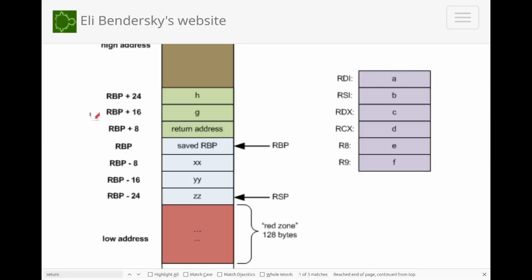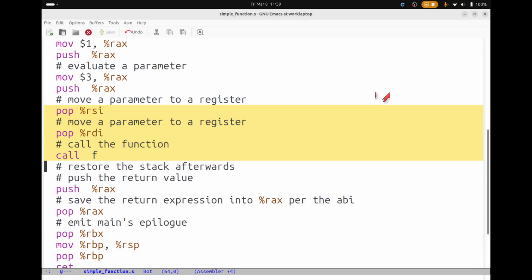Recall here that RDI is the first parameter, RSI is the second parameter. And for reasons that'll become clear when we actually compile expressions, RDI and RSI are being set here inside of our caller. Okay, so here are two parameters being passed, A and B, and then we call F.